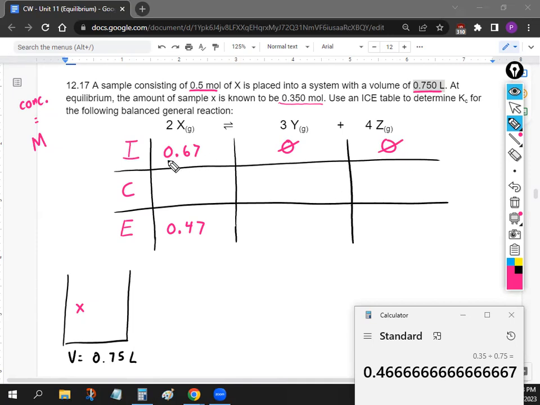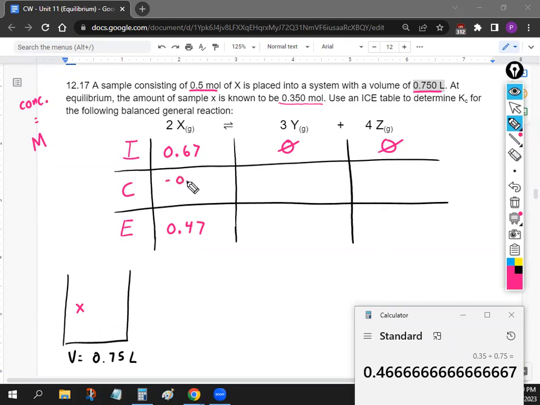All right, now we're going to the second row, and this is going to be the change. Now, this part's pretty easy, right? If we started with 0.67, and then we ended up with 0.47, what's the change? Yeah, 0.2. So positive. Oh, sorry, negative.